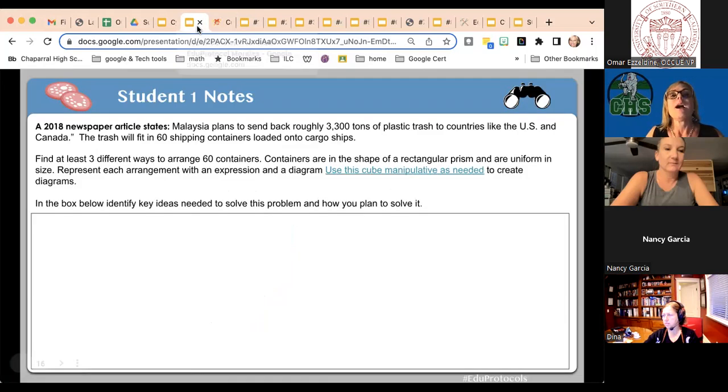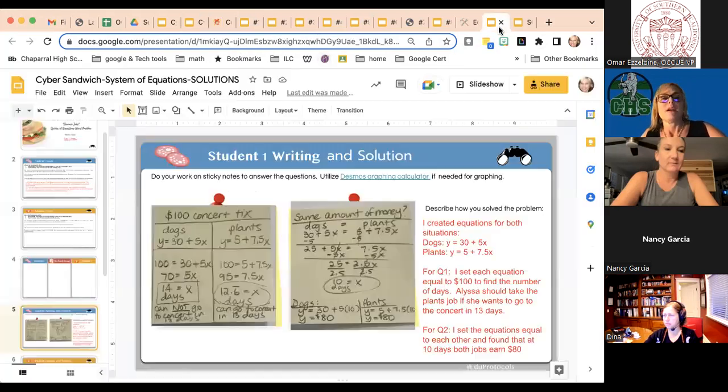Another idea, later on in my presentation, is a different cyber sandwich that you have a link to. I teach high school math, and a lot of the equations that we solve, it's not natural to type on a computer.